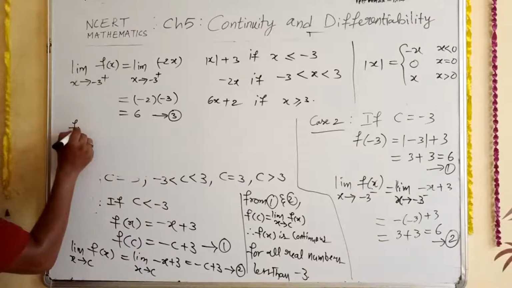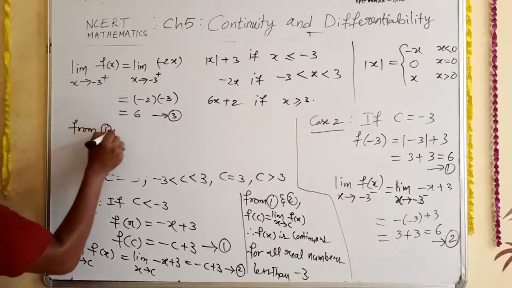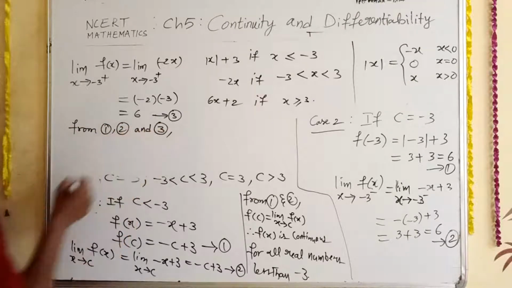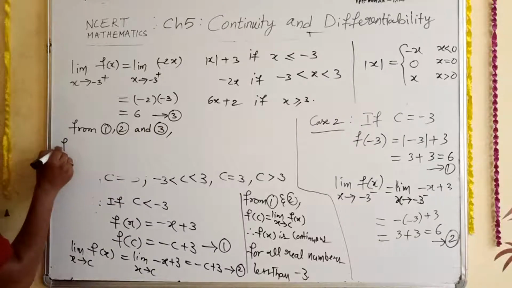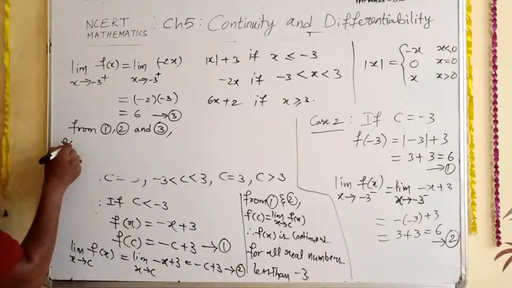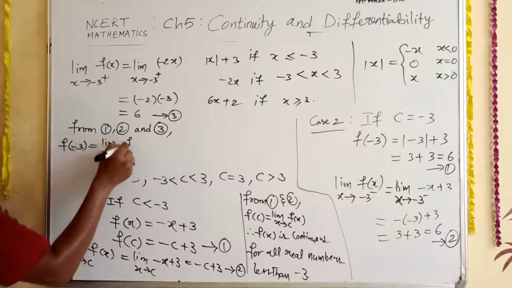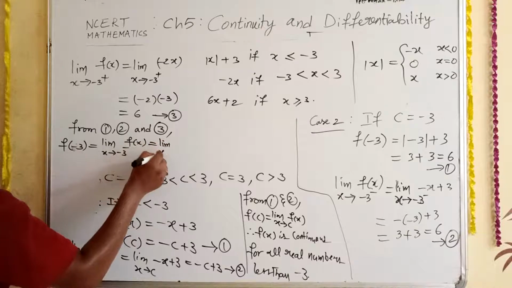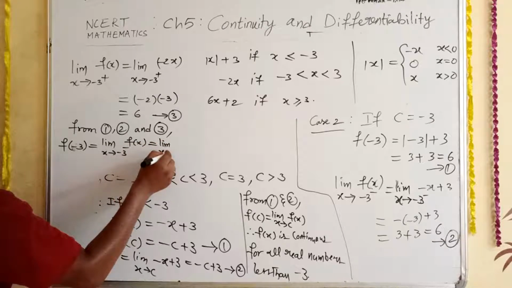Now from 1, 2, and 3, we will say that f of c, that is f of minus 3, is equal to limit x tends to minus 3 minus f of x, that is equal to limit x tends to minus 3 plus f of x.